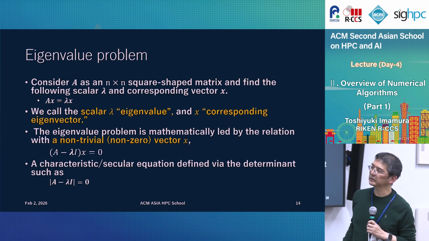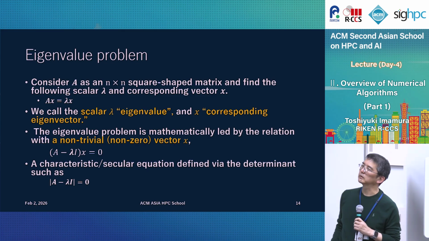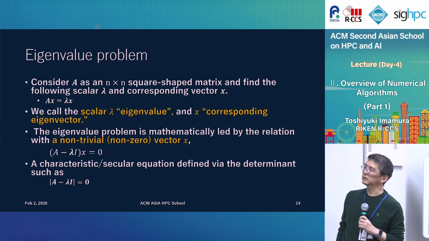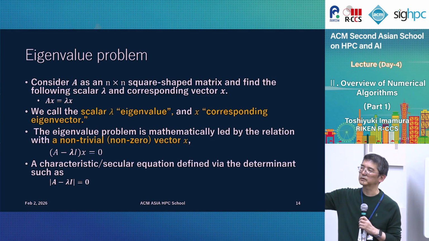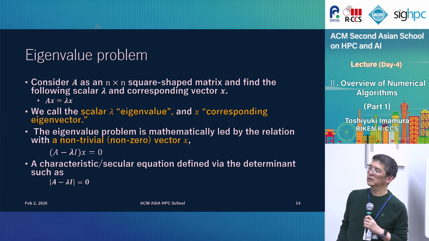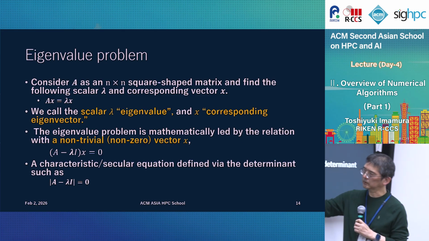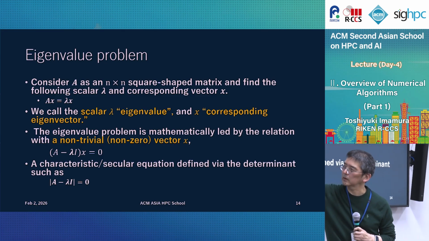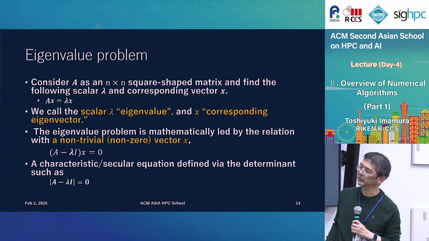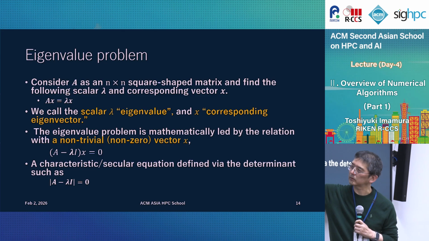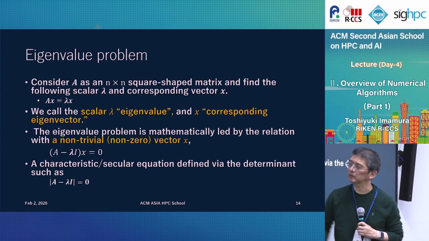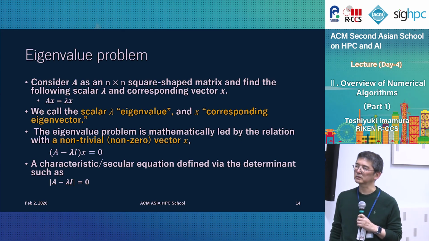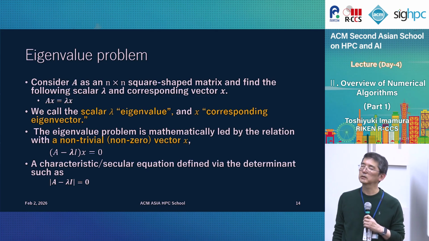This relation also defines the eigenvalue of the matrix A. If lambda is the parameter and has an appropriate value that satisfies this determinant equals 0, then lambda is the eigenvalue.